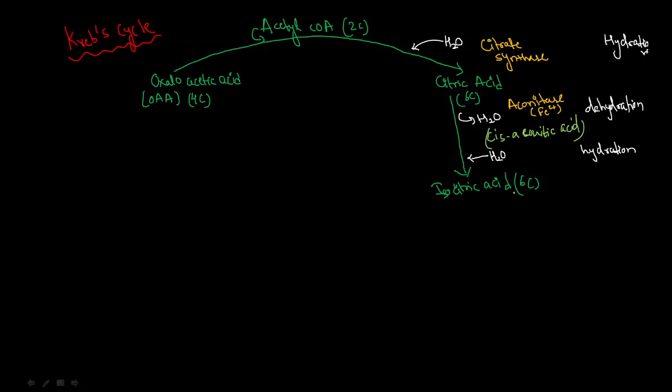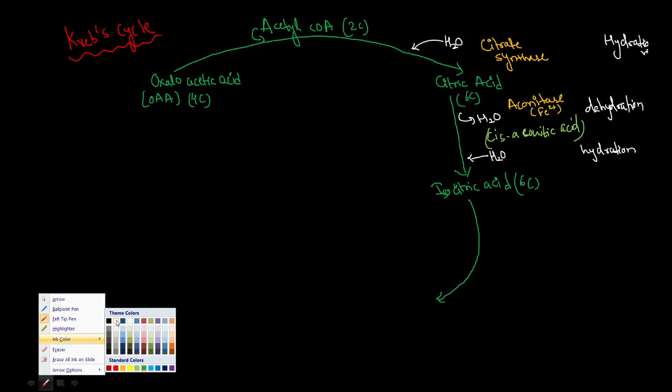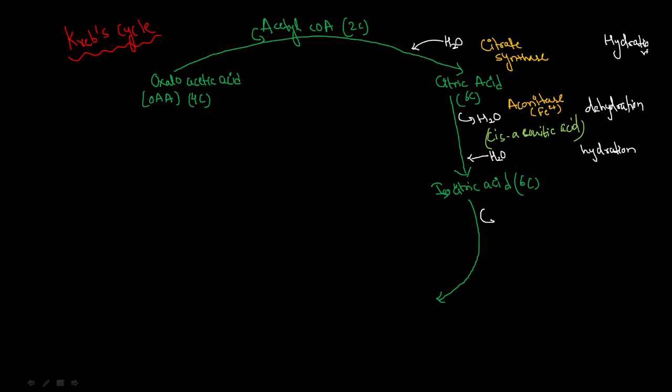Right? Now this isocitric acid is again going to undergo some set of reactions. So let me write it here. Isocitric acid is first undergoing the decarboxylation process, wherein a molecule of carbon dioxide is removed from this isocitric acid. So this step is decarboxylation, right?